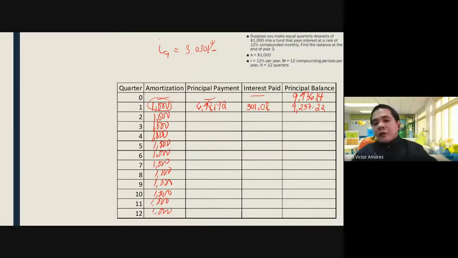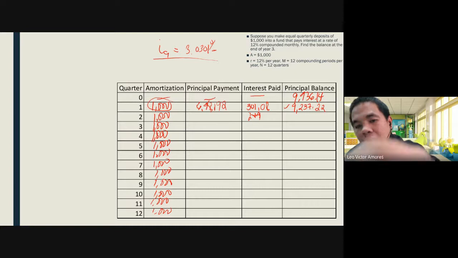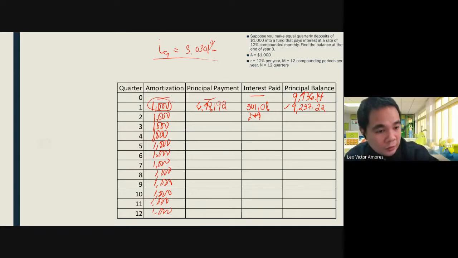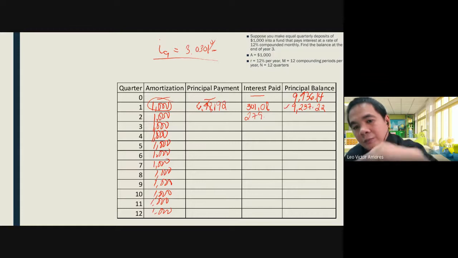So on the second quarter, the 9,237 is compounded by the interest of 3.03%. So 9,237 times the interest rate. The interest you pay here is 279.90.